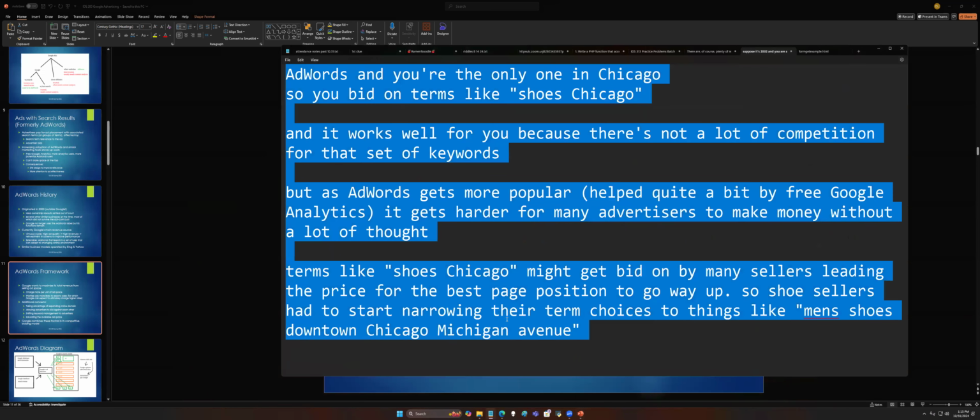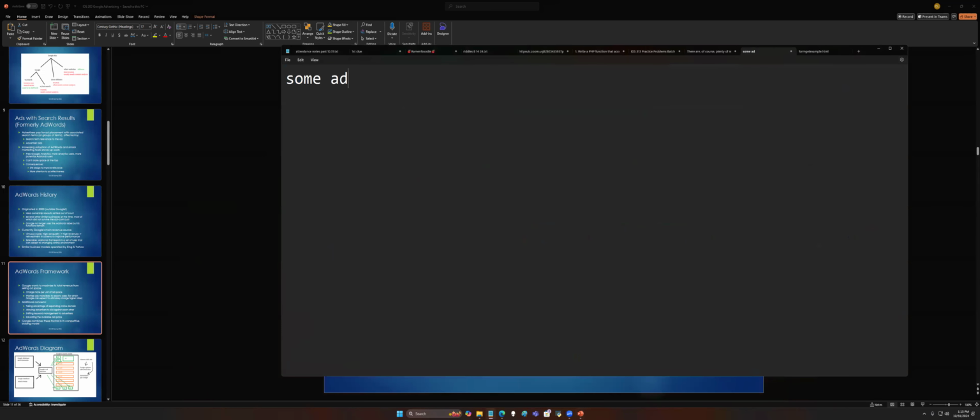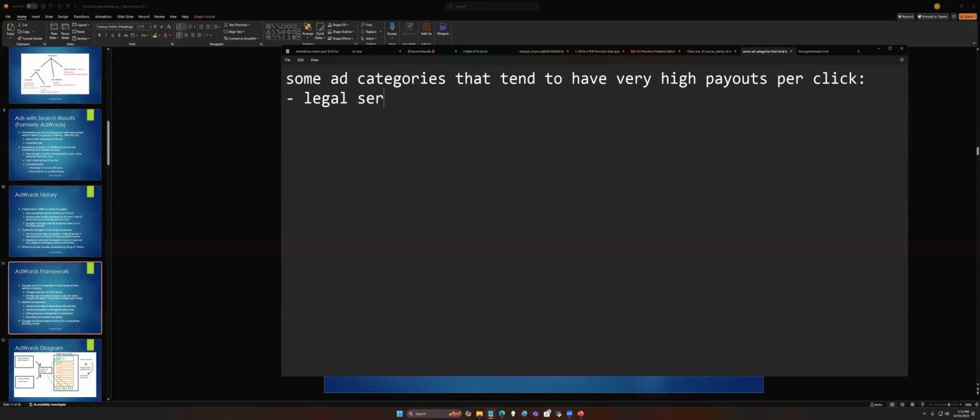For example, some ad categories tend to have very high payouts per click, right? Number one, legal services, right? Because if you're looking for legal services, you probably have an urgent need for them.